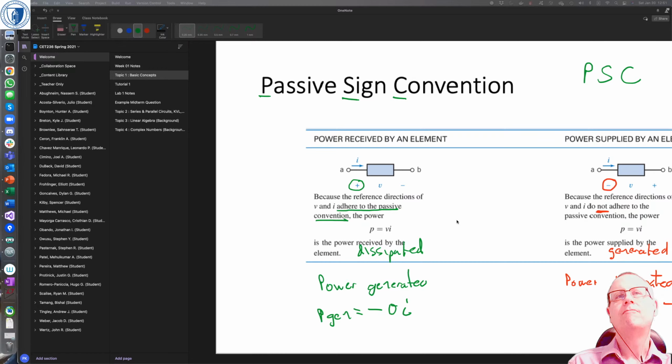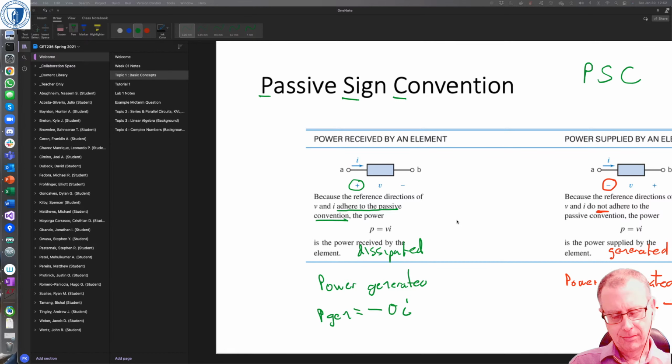That is the most important thing. You will make mistakes in terms of sign in some of the more complicated stuff we're going to do shortly, and it is all because the passive sign convention is not adhered to when it should be.